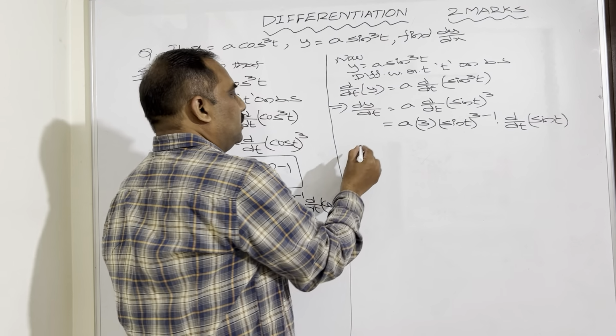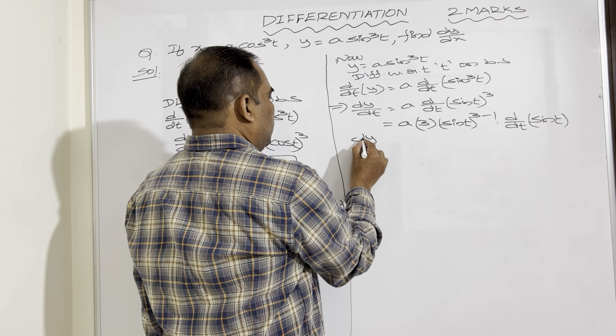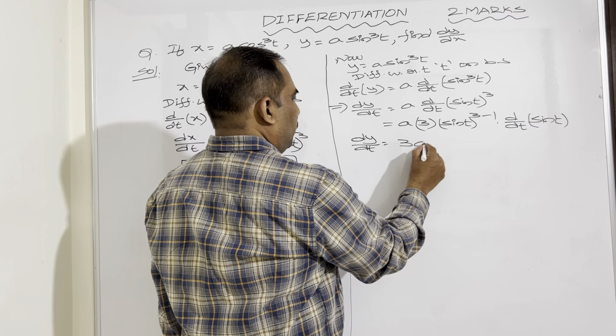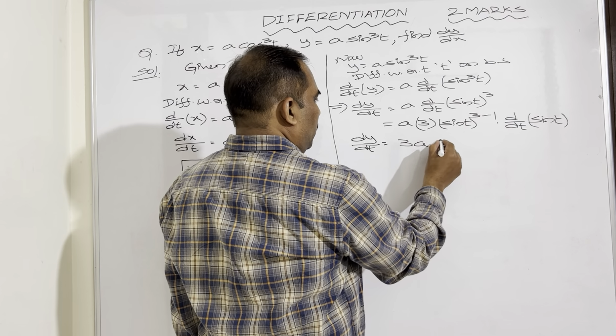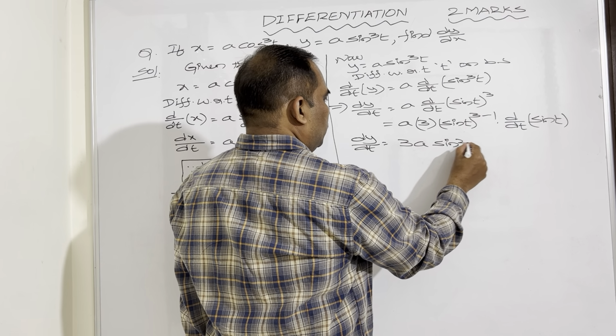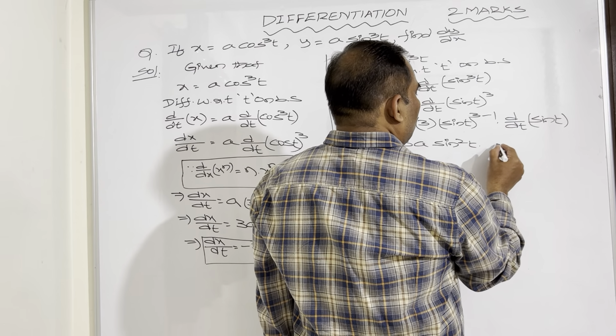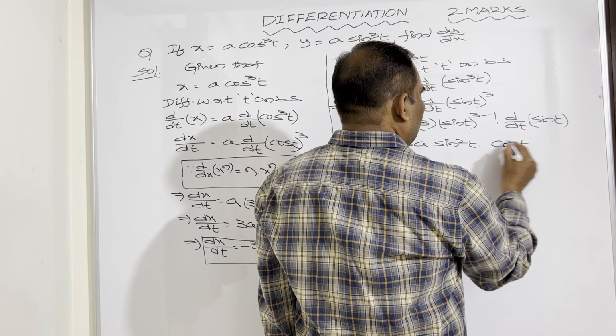So now dy by dt is equal to 3a into sin t whole to the power of 3 minus 1, that is sin square t, into the derivative of sin t, which we know is cos t.